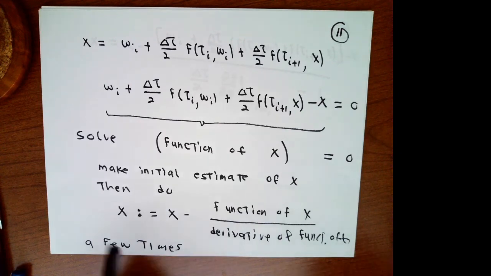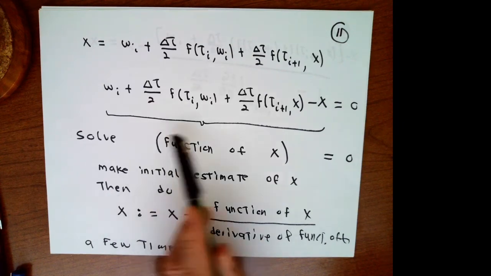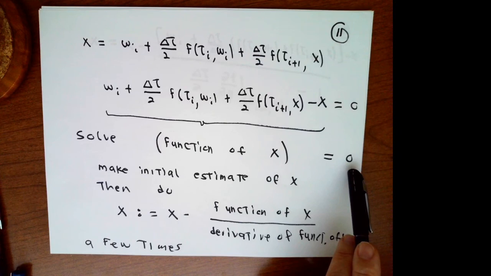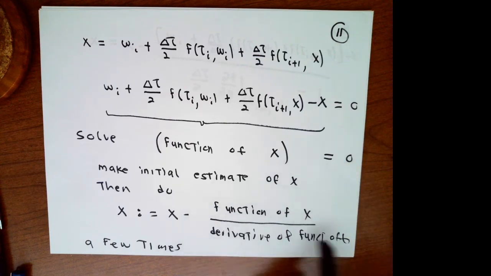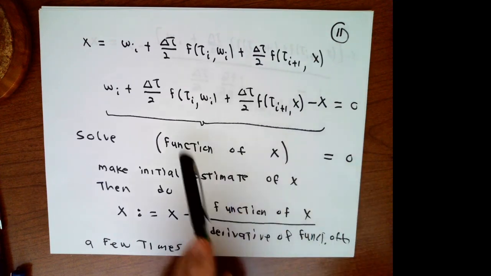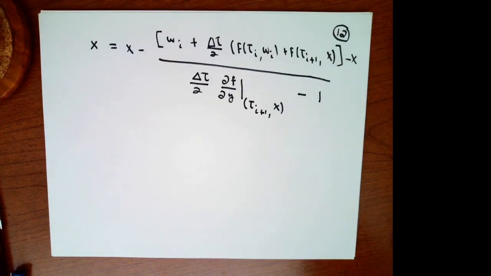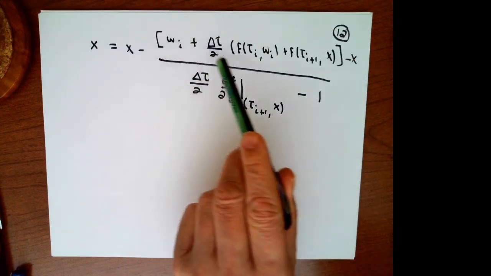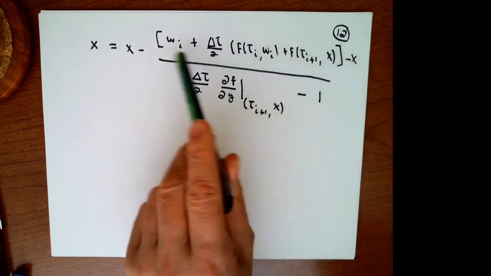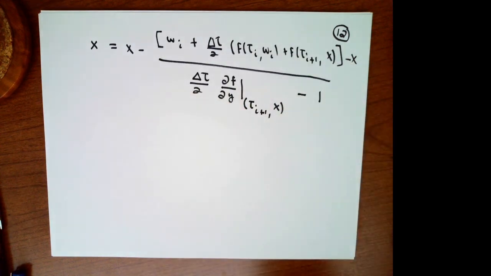And then we will do a Newton step. X is going to be set equal to what it used to be minus this function that you're trying to make 0, divided by the derivative of this function that you're trying to make 0. We might do a few steps of Newton like this. This above is the function of x that I'm trying to make equal to 0.